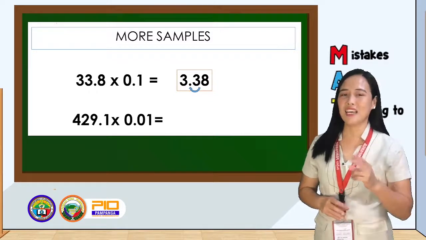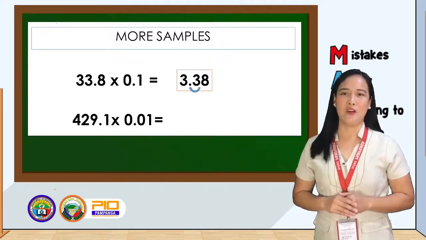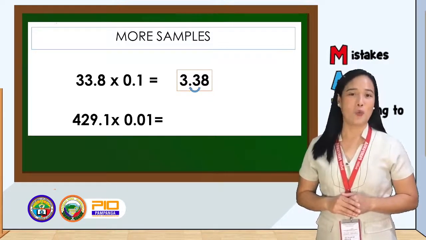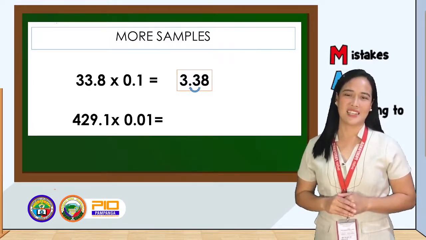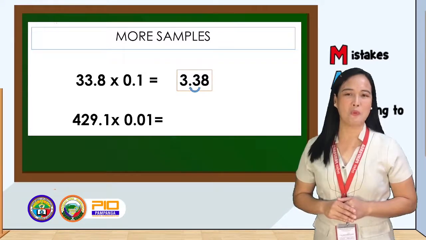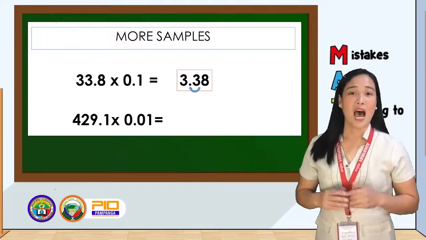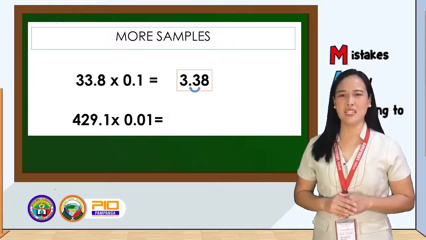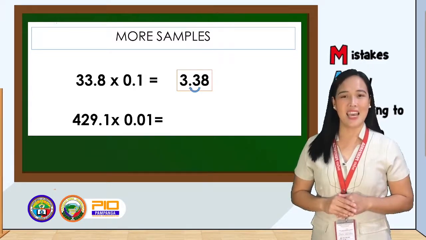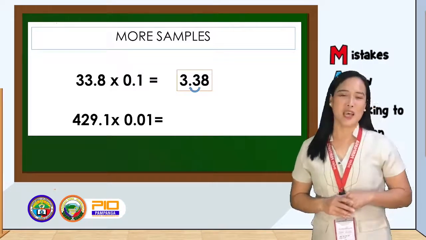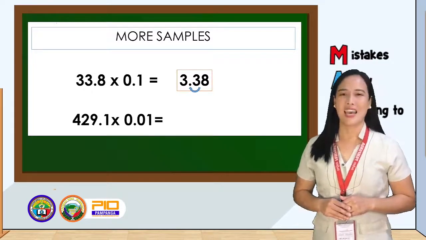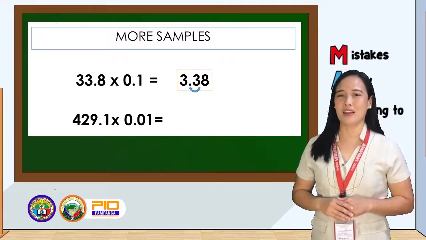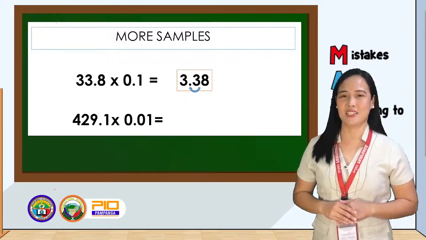What about the second equation? 429 and 1 tenths times hundredths. What do you think will be our product? How many times will we move the decimal point? Yes, this time 2 steps or 2 places. Why? Yes, because our multiplier is hundredths.